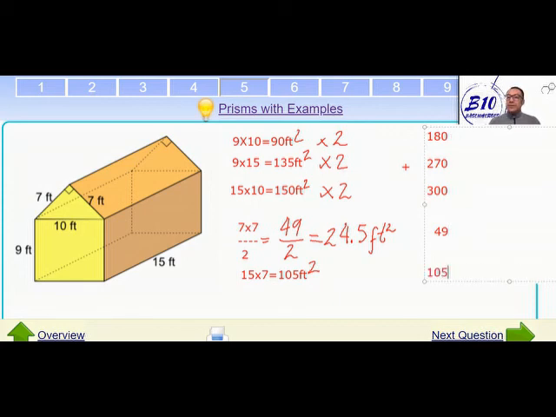Now this 105 is times 2 again. Remember, it's just one side, so it is 210. 210 what? A square feet. And everything, all this, we are going to add it up. So I am going to get the spaces off, not to get confused, and so you know where it comes from.